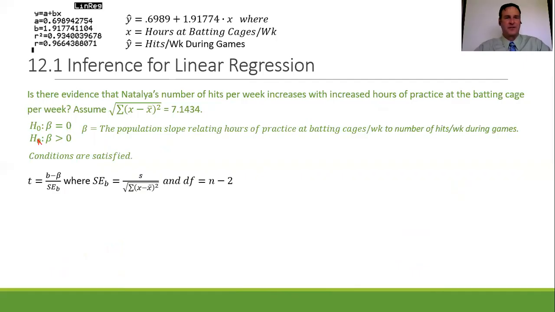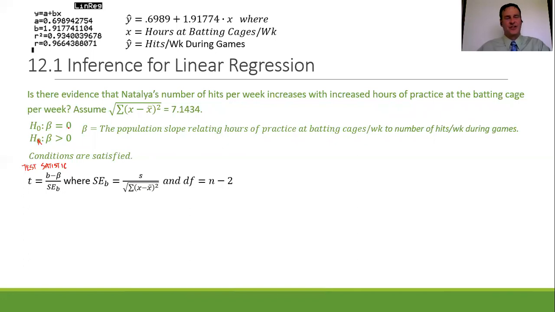We have our null and alternative hypothesis. We have our conditions satisfied, and now we are doing our test statistic, which is t equals b minus the population beta. Our population beta is basically what's in our null, kind of like what we saw in previous examples in previous lessons.